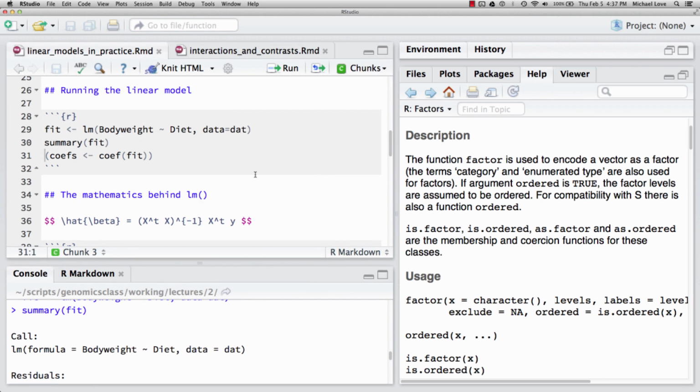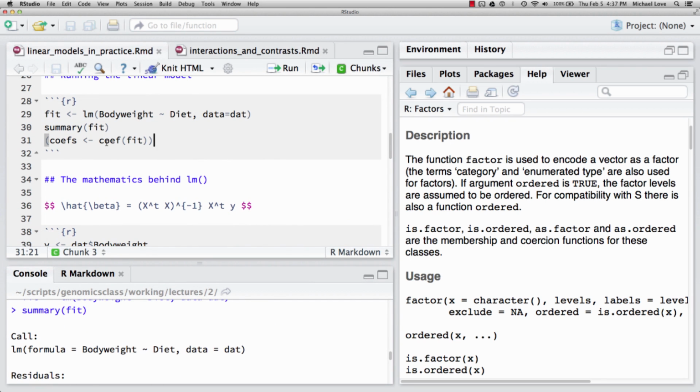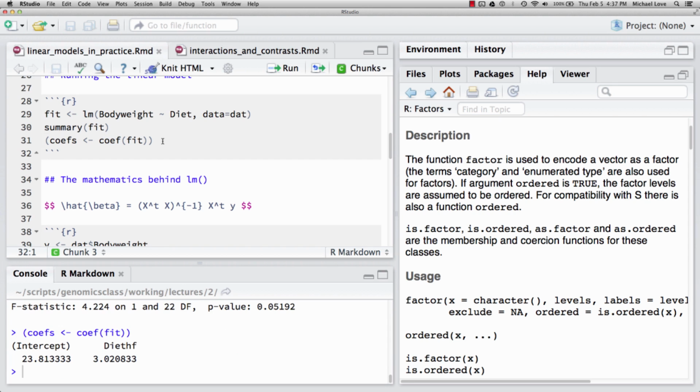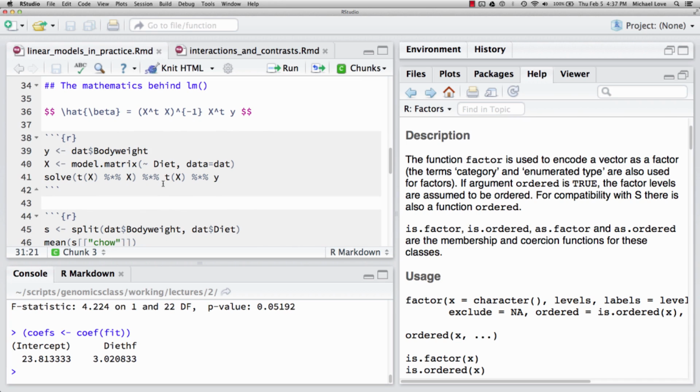Another function that you can use to get information out of this fit object is coef, which gives you back the coefficients. I put parentheses around it so it prints, and it also saves it to coefs. So the coefs are 23.8 and 3.02. If we remember, the solution to the linear model is x transpose x, this whole thing inverted, times x transpose y.